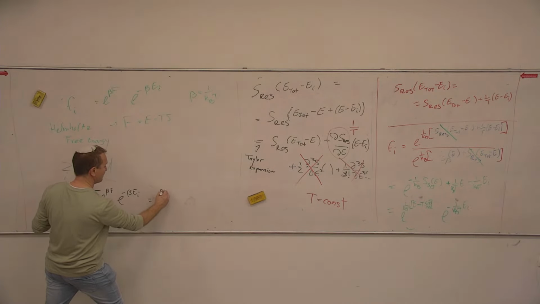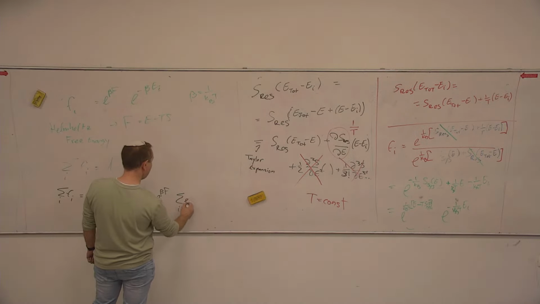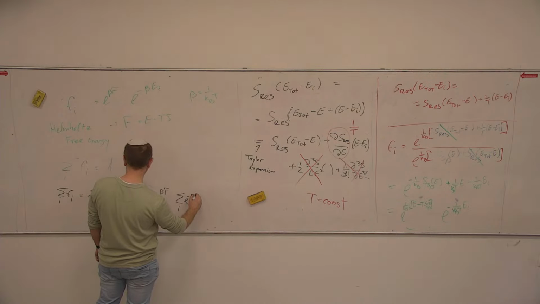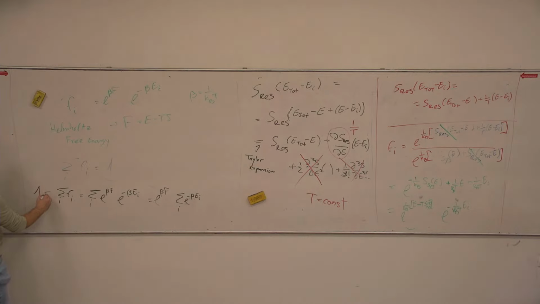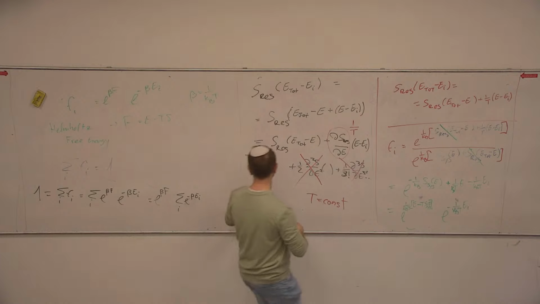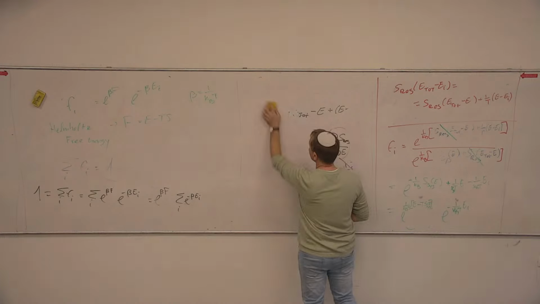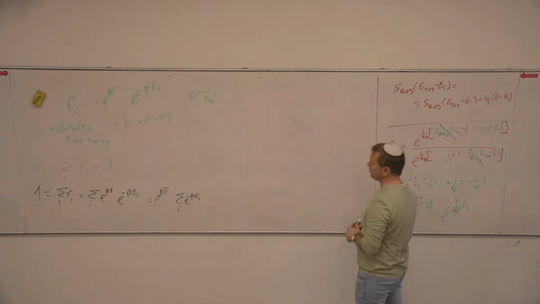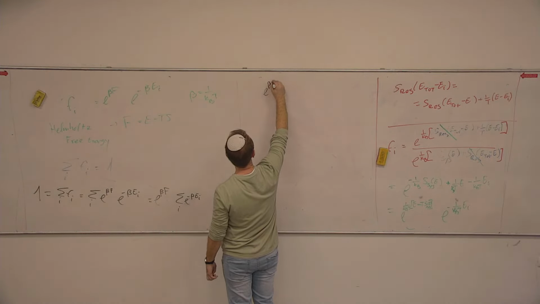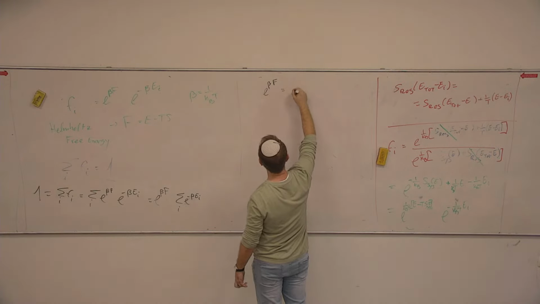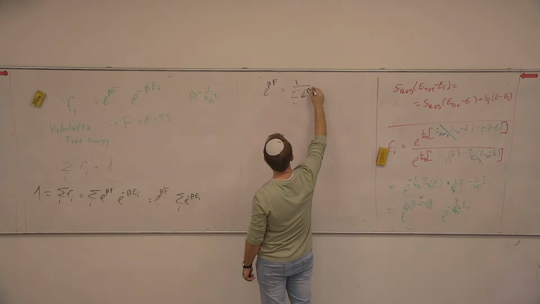You have e to the power beta F times the summation over i of e to the power minus beta Ei, and all of this equals 1. So we obtain that e to the power beta F equals 1 over the sum over i of e to the power minus beta Ei.